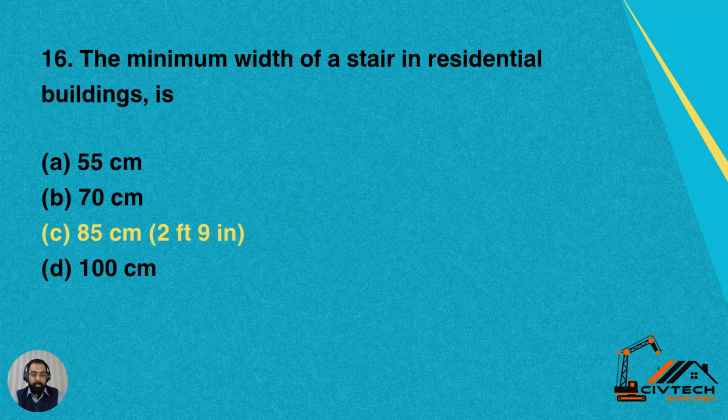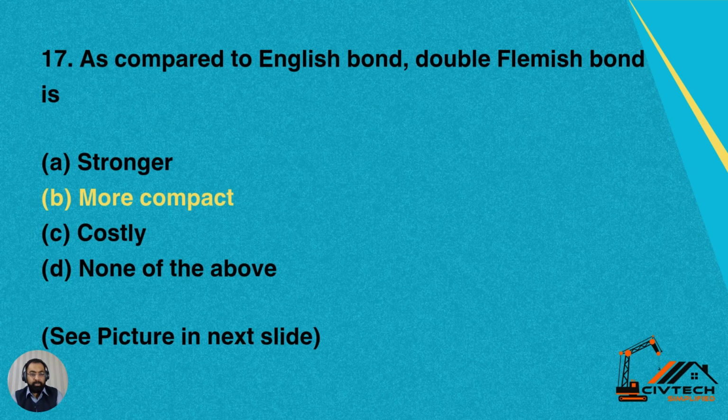So option A was 55 centimeter, option B 70 centimeter, option C 85 centimeter, option D 100 centimeter. 100 centimeter is highly recommended and normally used, but if we have space constraints and we have to provide a minimum standard, it's 85 centimeter, 2 feet 9 inches. 100 centimeter is highly recommended.